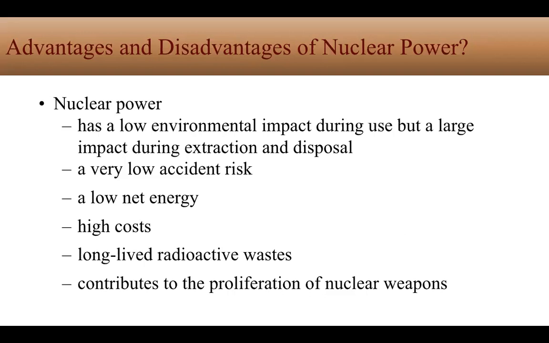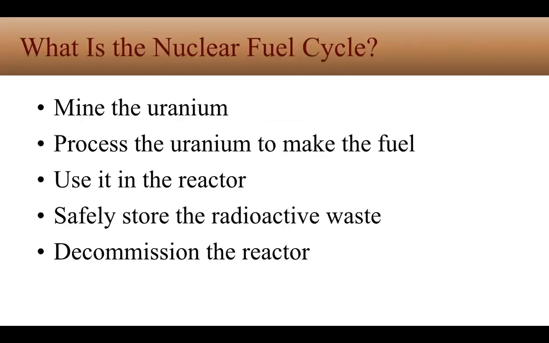Basically, they keep them in steel casks submerged in water to keep the temperature from increasing and to keep it from becoming airborne. So there is no long-term storage method for this. And so there's pros and cons to nuclear. One of the biggest pros, obviously, is the lack of CO2 generated.